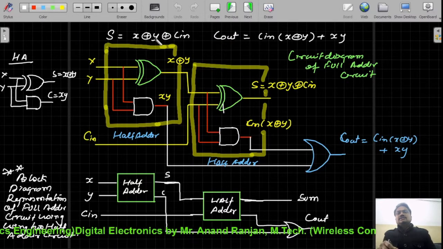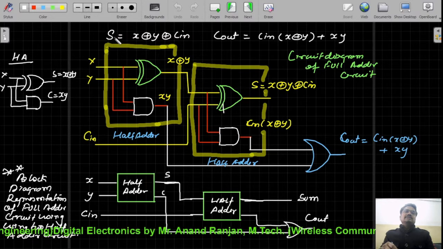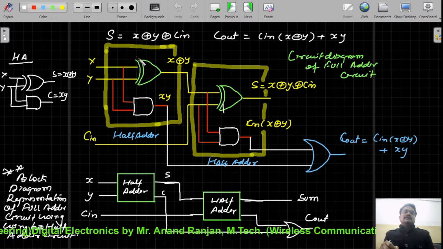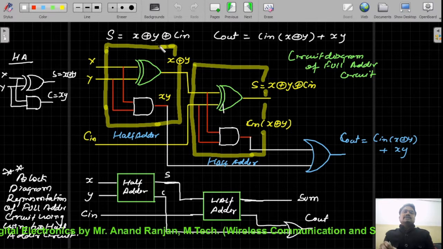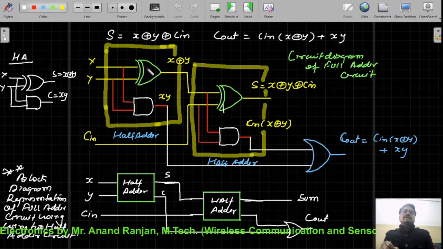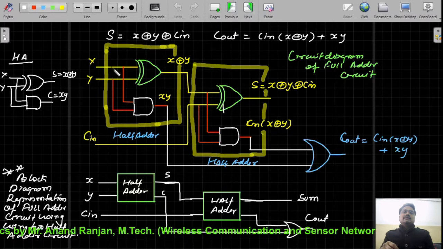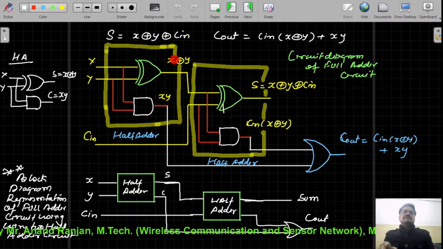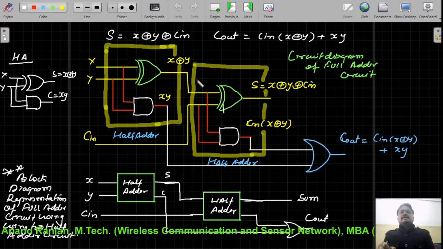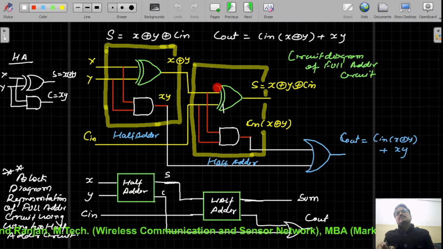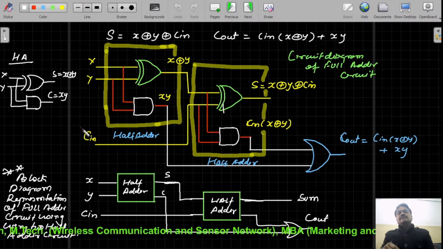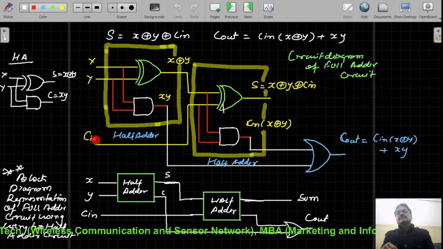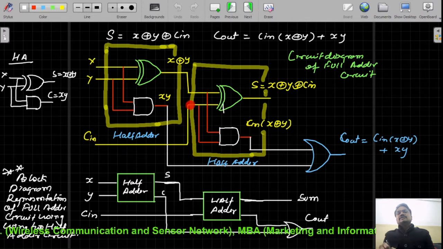So here you can see that we implement this S expression not by using a single XOR gate, but we are taking two two-input XOR gates, in which in the first XOR gate we are taking the inputs X and Y, so that we will get the output X XOR Y. This output will go to the input of the next XOR gate, and in that second XOR gate we are considering the input Cin as the second input.